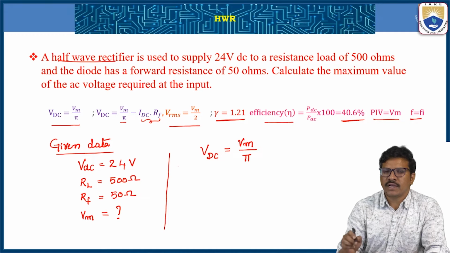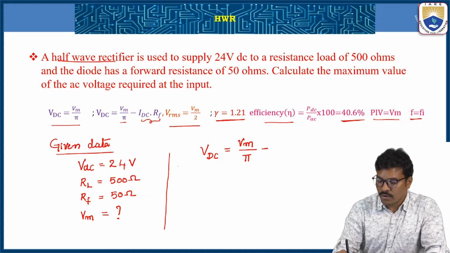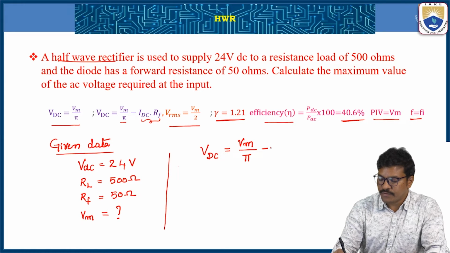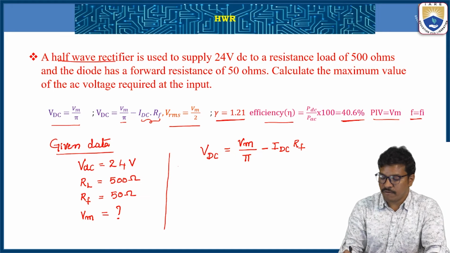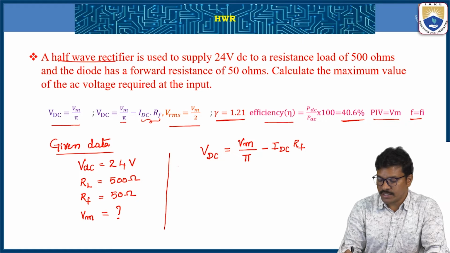If we consider the internal forward resistance of the diode, then we need to subtract the drop across the diode, because it satisfies KVL. The voltage drop across the forward resistance is IDC into RF. In this problem, the secondary coil resistance is not given, so we can only consider minus IDC into RF.